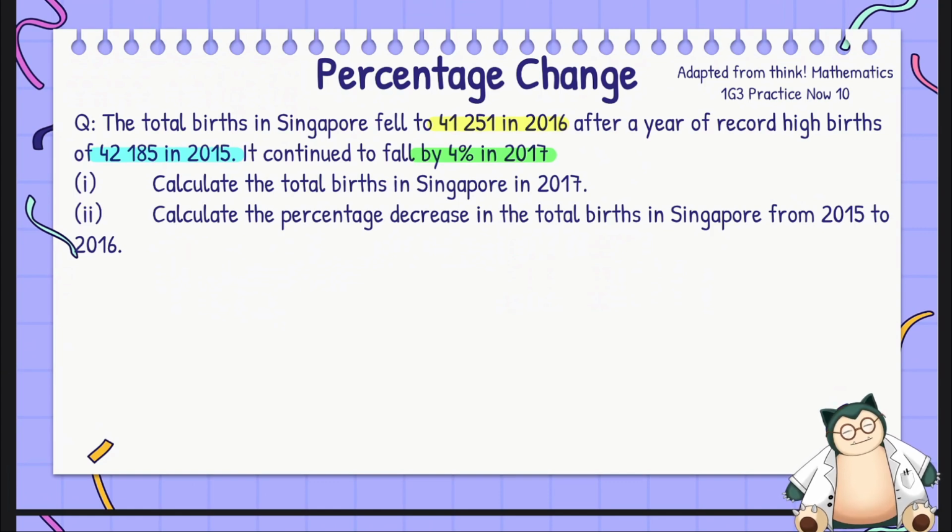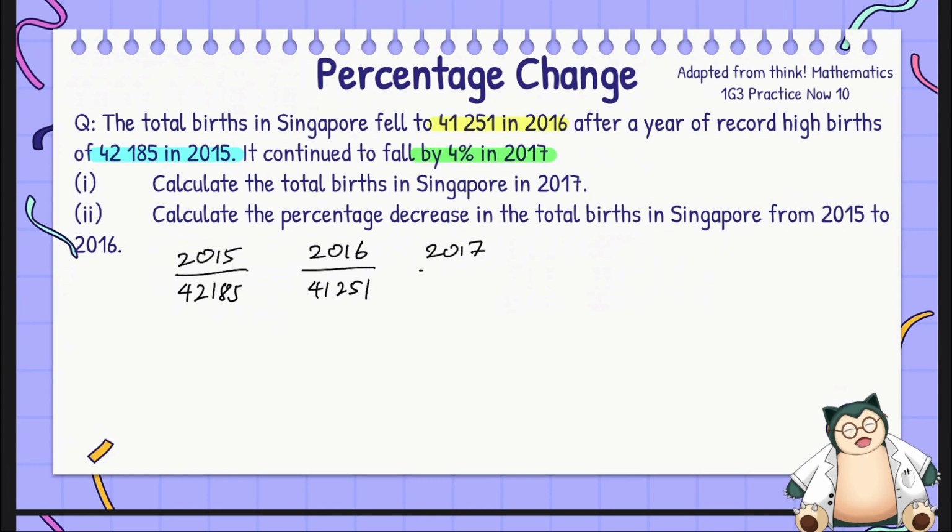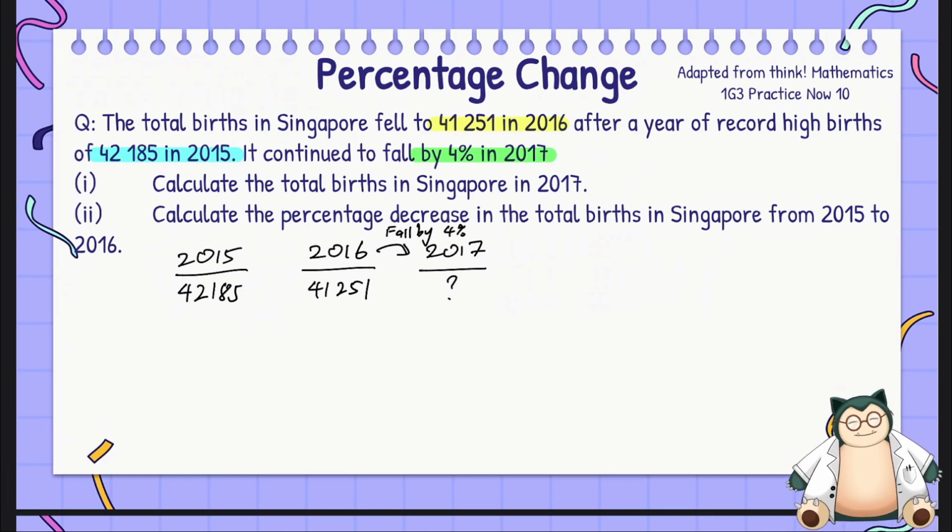In 2015, we have 42,185. In 2016, we have 41,251. And in 2017, we have a blank amount, and we know that it fell by 4%.